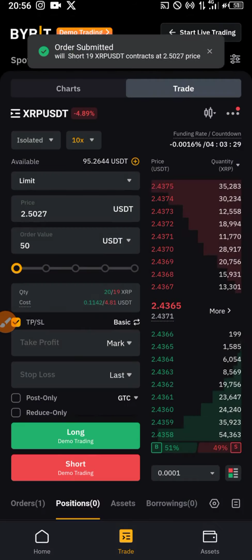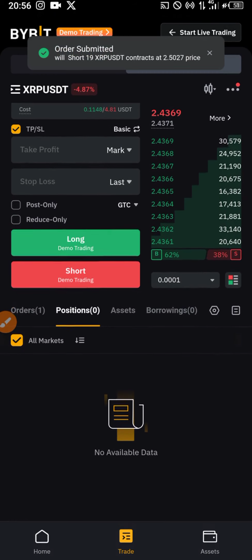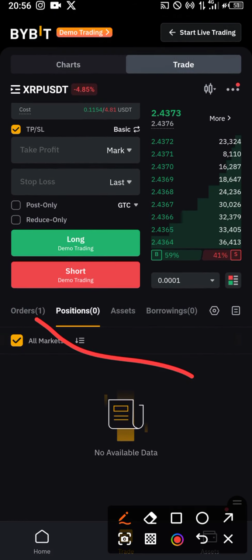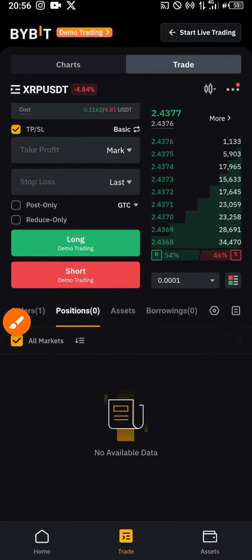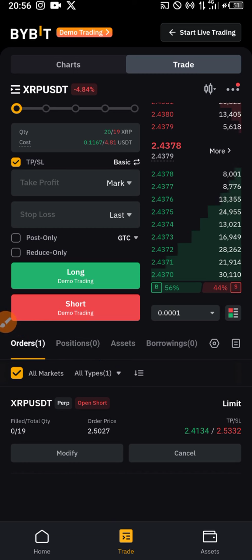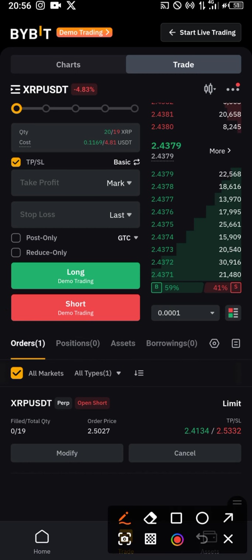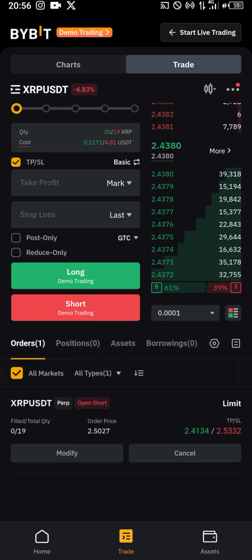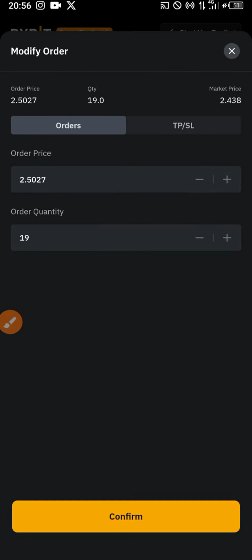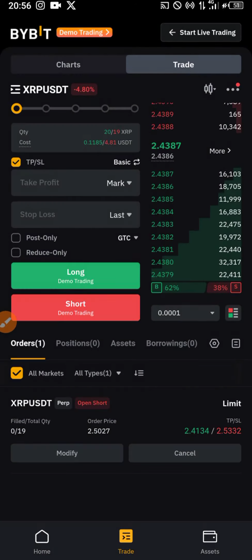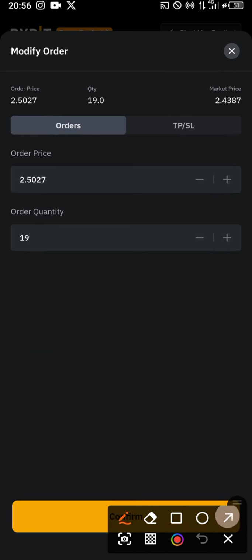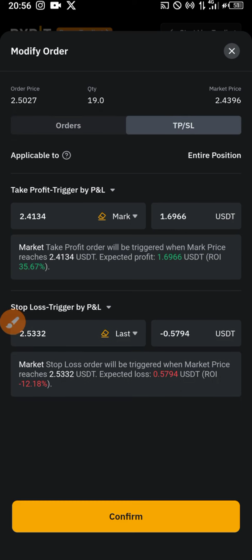Confirm. So let's check this order by clicking on order, then modify. You can see modify right here. Modify. So TP modify, then TP and SL right here. Click on it.